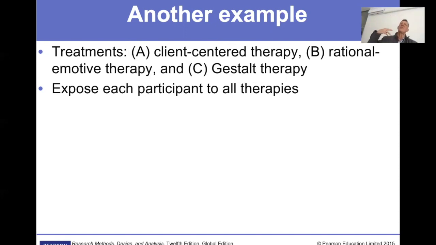One way to do that is to expose each client to all 3 consecutively. But now you can understand, if I start off with client-centered therapy, that might be a carryover effect towards the next one. So we would like to counter the effect of the order of the therapies by mixing this up. Right, come back to this.